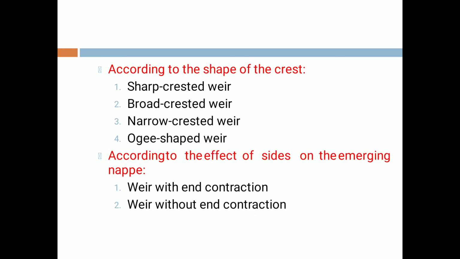According to the shape of crest, it is classified into 4 types: sharp crested weir, broad crested weir, narrow crested weir and ogee shape weir. Next is the classification based on the effect of the side on the emerging nappe: weir with end contraction and weir without end contraction. So, these are the classifications of weirs and notches.